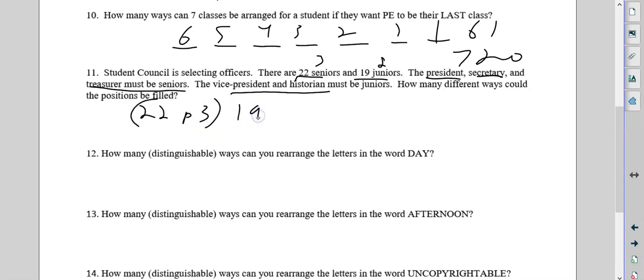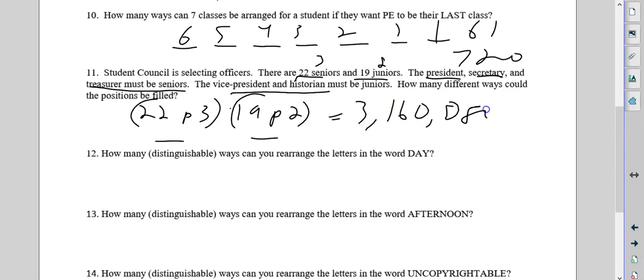There's 19 juniors, it's ranking, and there's 2 spots. We're going to multiply those out. So find this number and multiply, or you can type it in the calculator all in one fell swoop. That's going to give you 3,160,080 different ways.